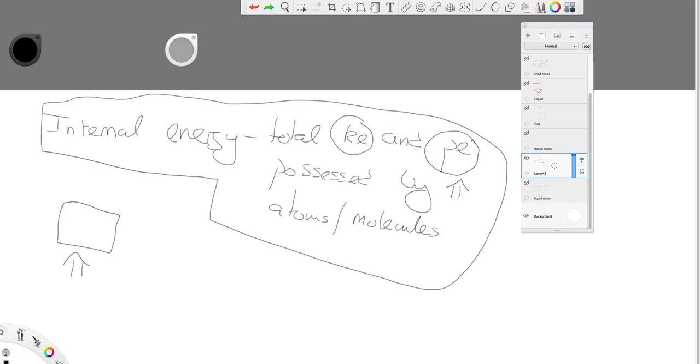The more potential energy you have in your substance, the less order you have. Think about going from solid to liquid. You have less order. You have more potential energy, even if the solid water and the liquid water are at the same temperature.